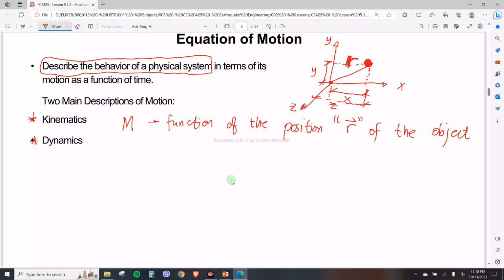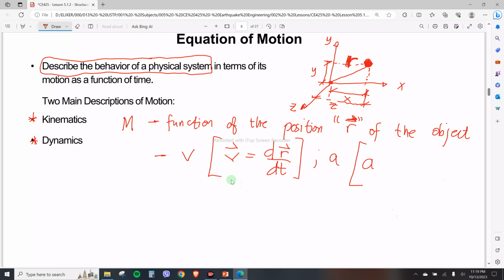Now in structural dynamics, we will already consider the position as a vector. Since we consider position in the equation of motion, we also consider its velocity. So again, the velocity vector is equal to the first derivative of the position vector with respect to time. And then its acceleration.